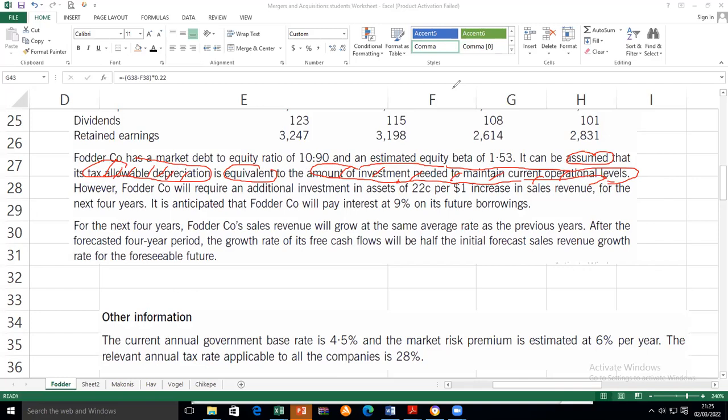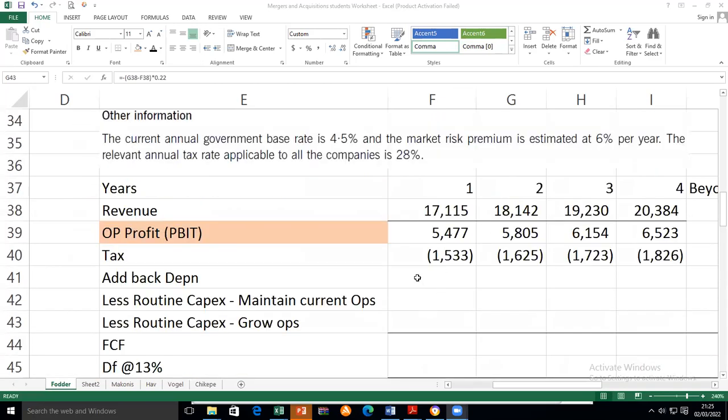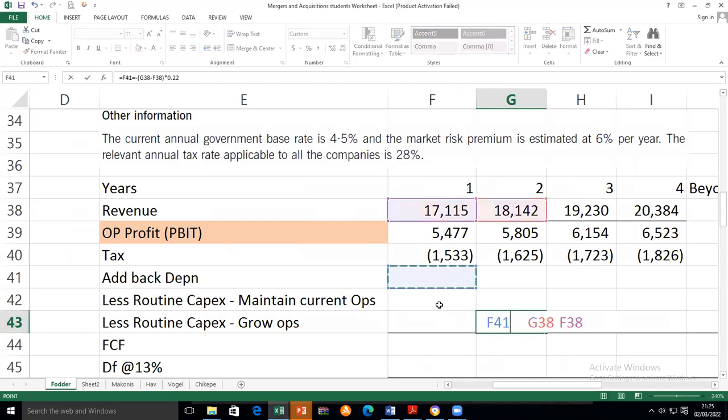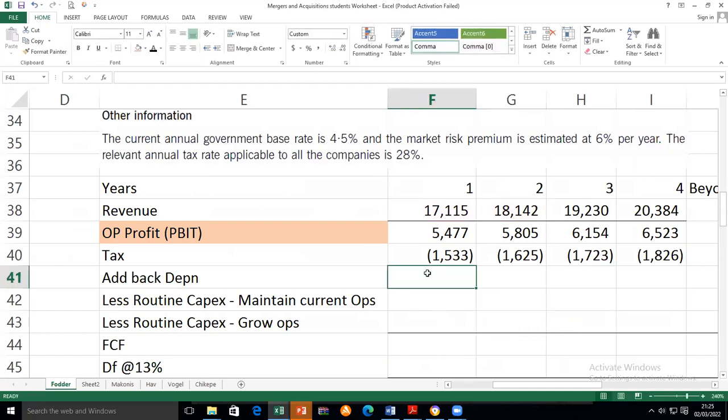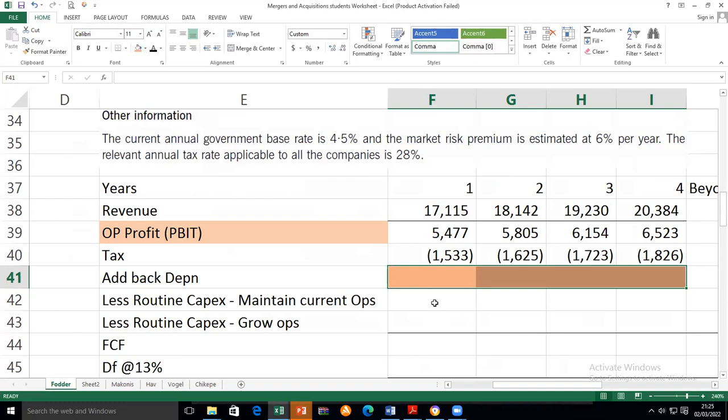Is that okay? So when you come to a table here, what they're saying is that the figures on this line and the figures here are the same.